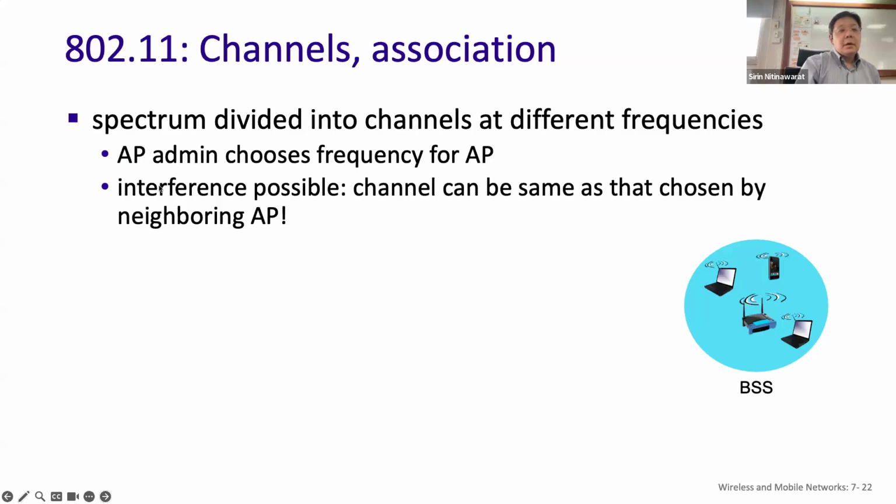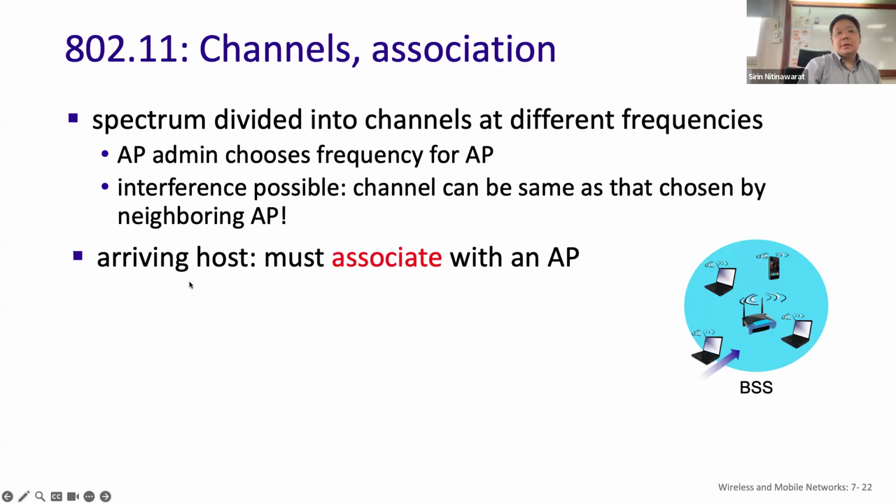Of course, there's only a limited number of channels, because the spectrum is limited. Regardless of how efficiently you do this partitioning, interference can still be possible when multiple users are assigned to the same channels.